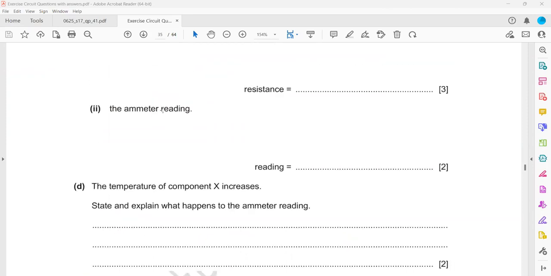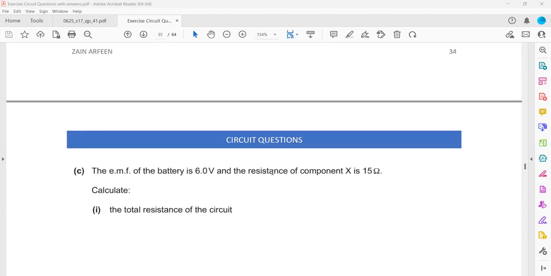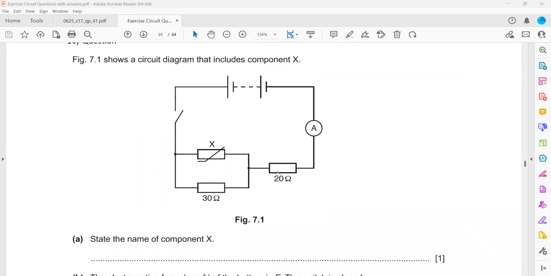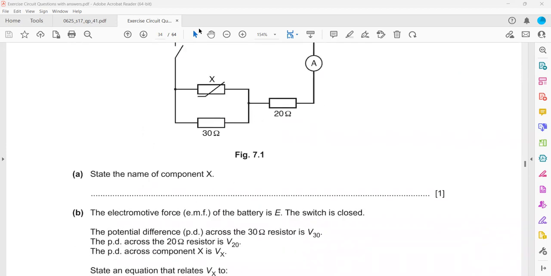Then in terms of component X, the temperature of component X increases. State and explain what happens to the ammeter reading. Look, if the temperature of component X increases, its resistance will change. It's a thermistor, so what is the relation between temperature and resistance for a thermistor? It is inverse. So if the temperature increases, the resistance will decrease.